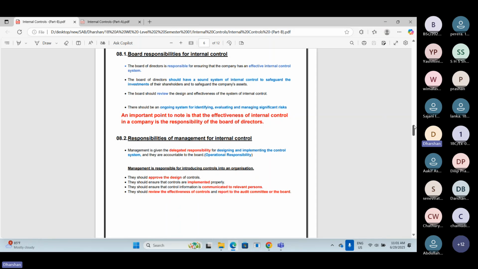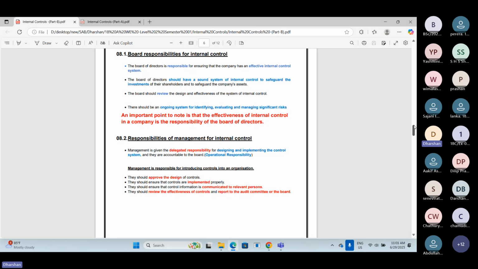First of all, designing and implementation. General delegated responsibilities: design and implementation. If we elaborate the design and implementation responsibility further: approve the design, implement the design and implement the internal controls, communicate the internal controls to relevant people, and review the effectiveness. Simple. You can understand these four.